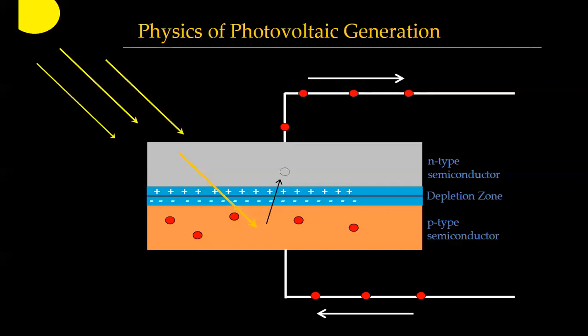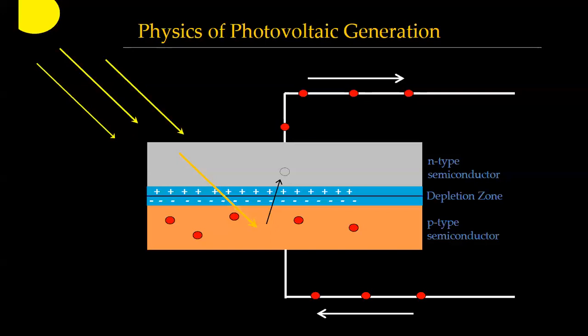When sunlight strikes the PN junction material, electrons are knocked out, creating holes. Because of the electric field, electrons move to one side and holes move to the other side. A potential difference is created, and if the solar cell is connected externally by a conductor or a closed circuit, electrons flow through the external circuit because of this potential difference.